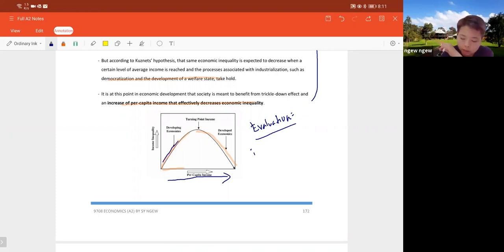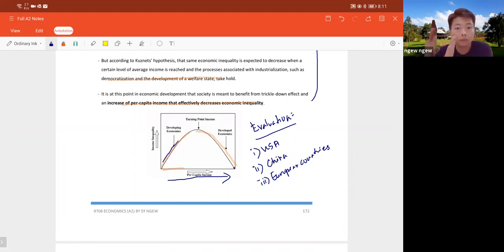So let's consider the US. Let's consider China also. Let's consider some European countries. Is this situation of rising income per capita and rising development leading to falling income inequality?